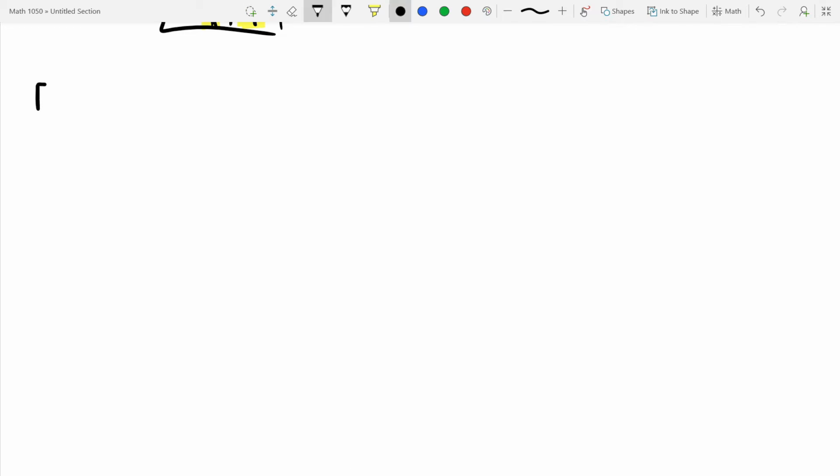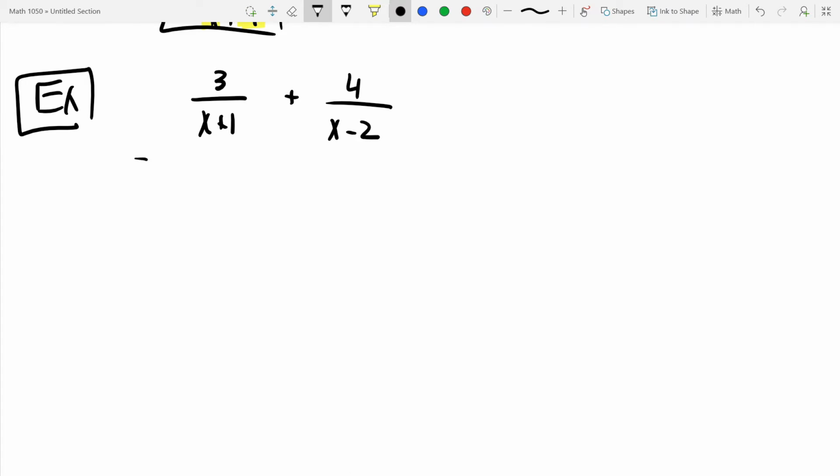Okay. So we're going to do a complex fraction. So this is 3 over x plus 1 plus 4 over x minus 2, main division bar, 6 over x plus 5. Okay, now some people are writing it like this as their first step.